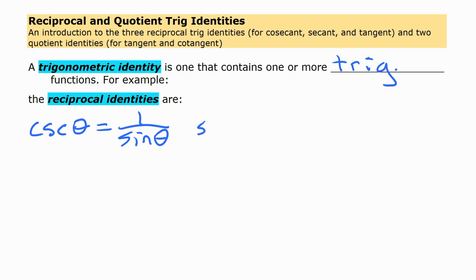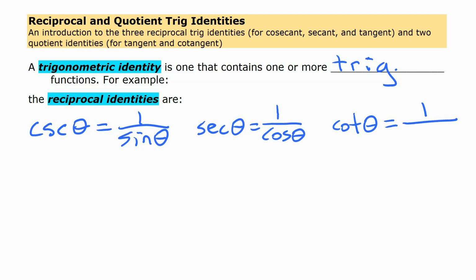And the second of which is the secant of a value is always equal to 1 over the cosine of that value. And then the third one that goes with this is for cotangent. It's always equal to 1 over tangent. Those are called the reciprocal identities because those are the reciprocal trig functions.